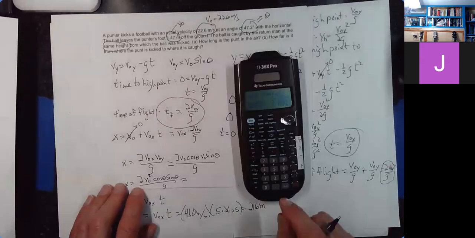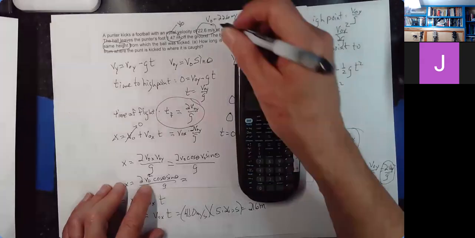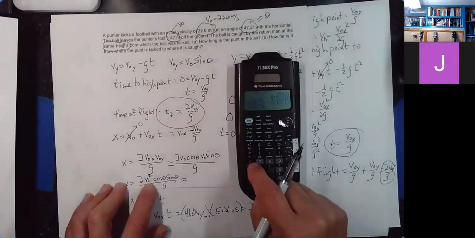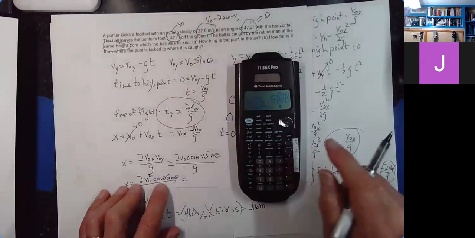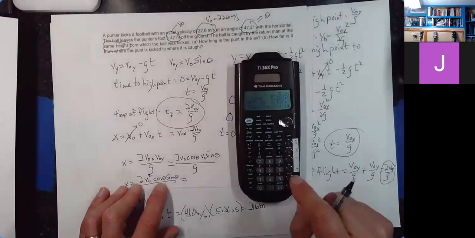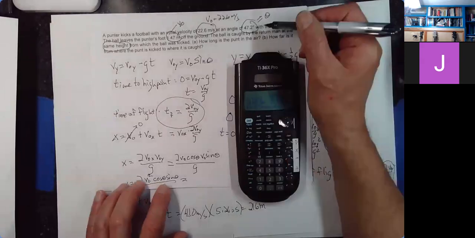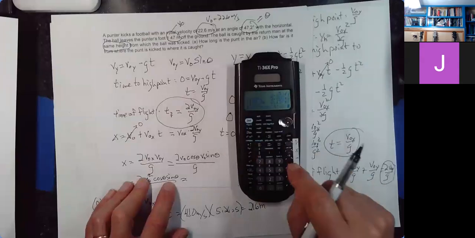2 times v naught was 22.6, and that gets squared, times cosine of 47.2 in parentheses, sine theta also, 47.2.